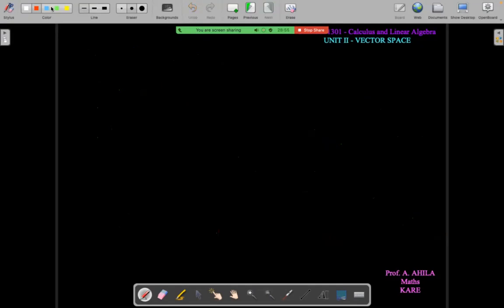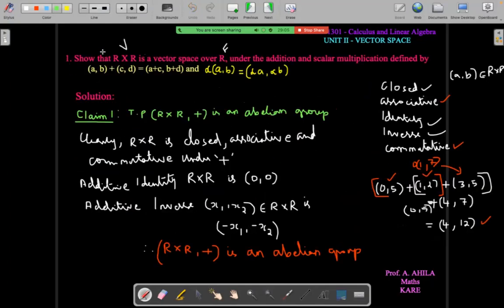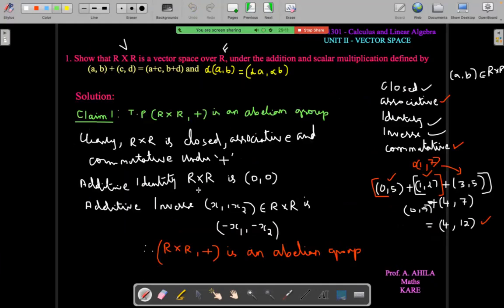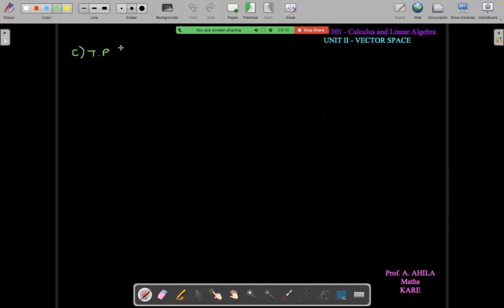Next condition is C, that is to prove this third condition as per definition. The third condition is alpha into beta u equal to alpha beta into u. So we consider that alpha into beta u equal to alpha beta into u.